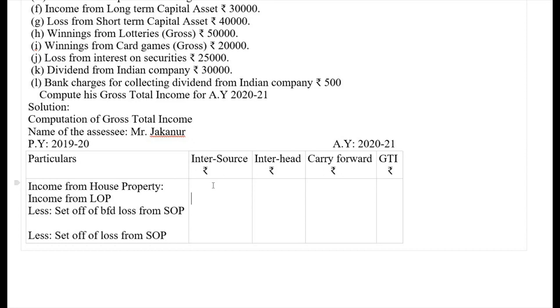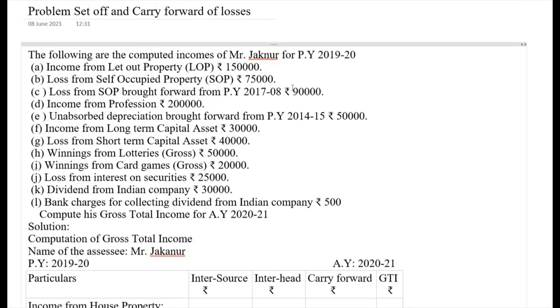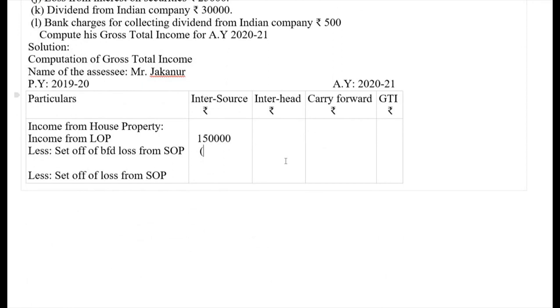The income from LOP is given as rupees 1,50,000 here. So 1,50,000, against which we can make adjustment of the brought forward loss. You can just see here we have given rupees 90,000. So this 90,000 can be adjusted. Then let me underline here. So now there will be income from LOP of rupees 60,000.